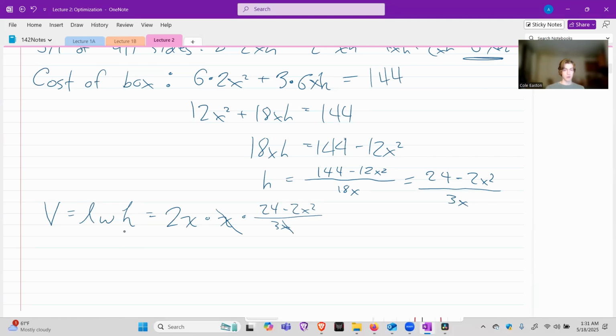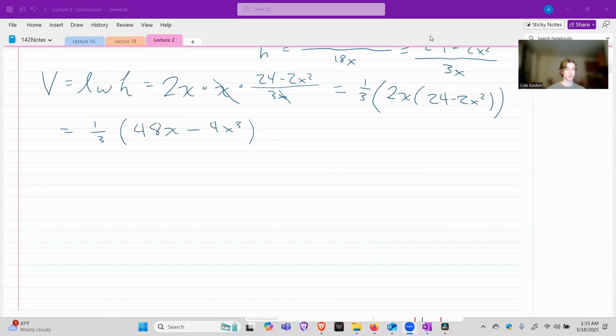And so we have that our volume is, and I'm going to pull that 1/3 out in the front so that we can avoid working with a big fraction. So it's 2x times (24 minus 2x squared). And so that's 1/3 times (48x minus 4x cubed).